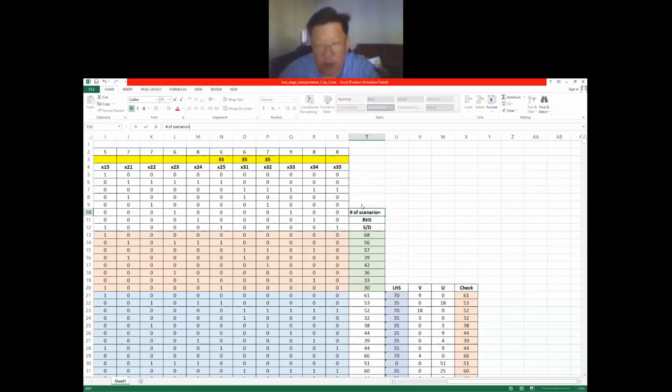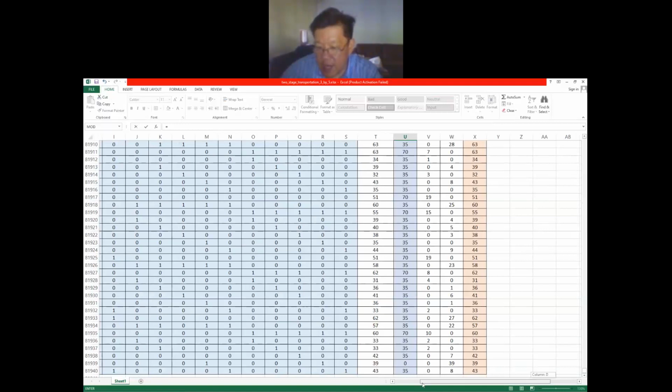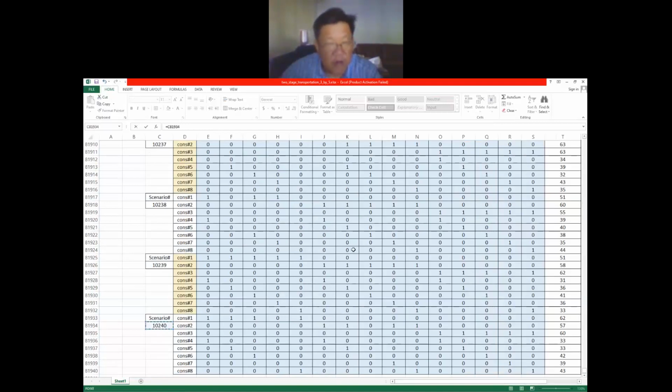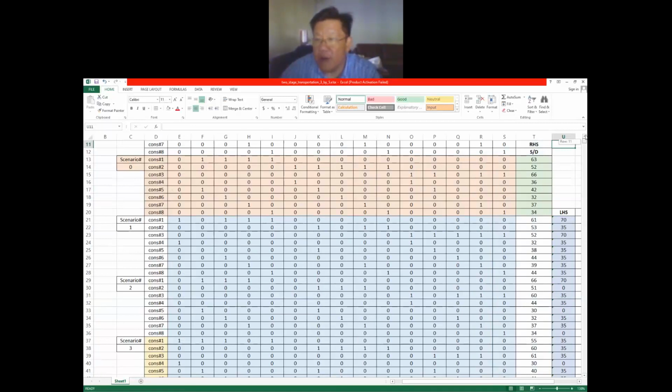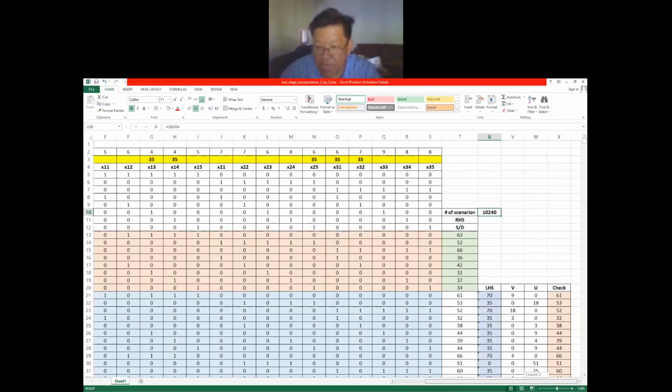Number of scenarios equals... Actually, we're going to use the link up to the last. The scenario count is over here, this value. So now you know this is the number of scenarios that we generate to solve this problem.